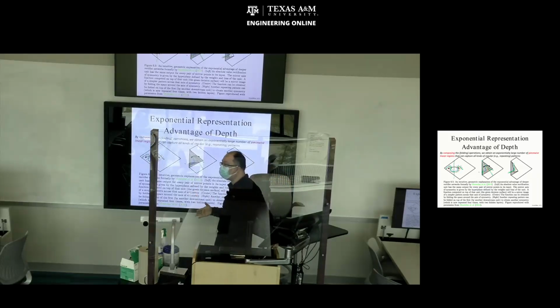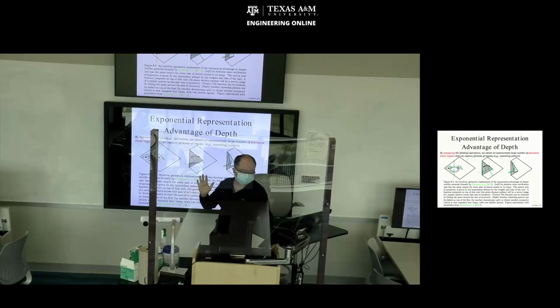Then, if I keep composing additional layers, it's like I'm expanding to more and more complicated functions, right? So this shows the power of depth, because the depth is the number of times you fold.